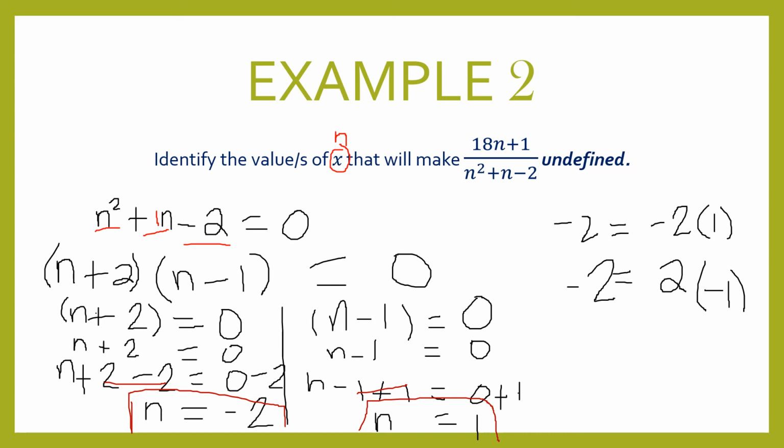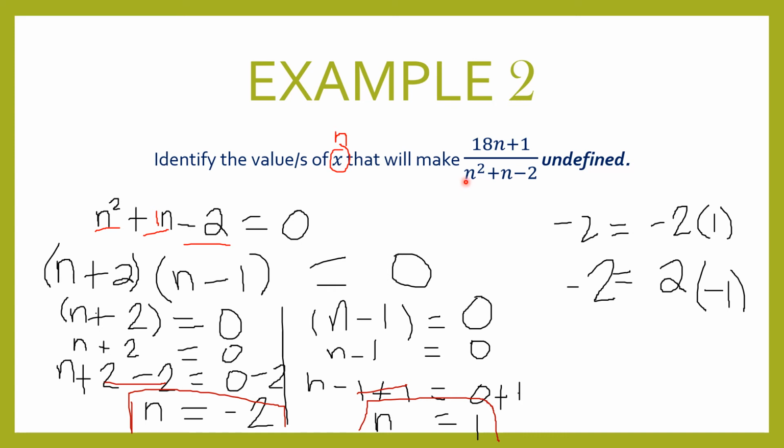So, check natin. So, paano na ulit mag-check? Substitute mo yung nakuha nating value ng n or value ng variable doon sa denominator. So, if n is -2, -2 squared. So, what is -2 squared?